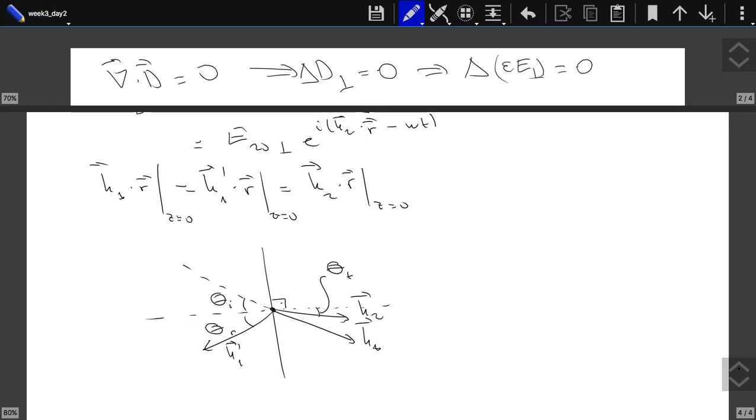Well, setting z equal to 0 basically tells me that I should choose that r vector somewhere on this plane. You see, somewhere over here, this is my r vector. The r vector is the position at which I'm looking at my electric and magnetic fields.